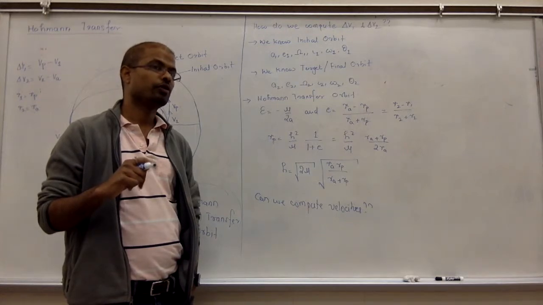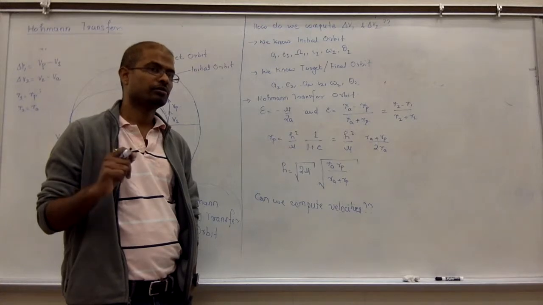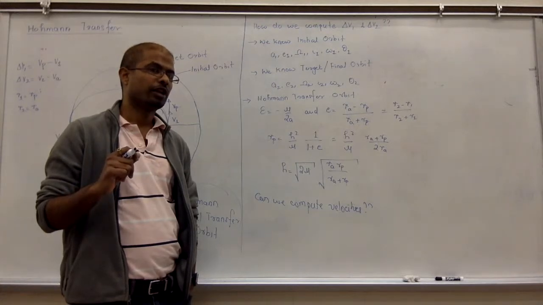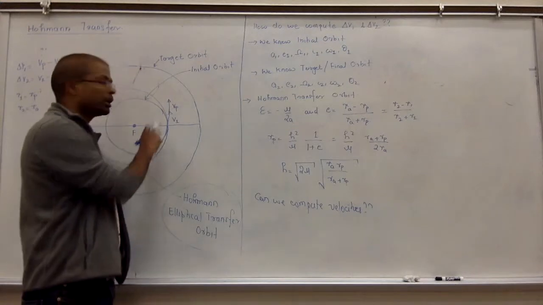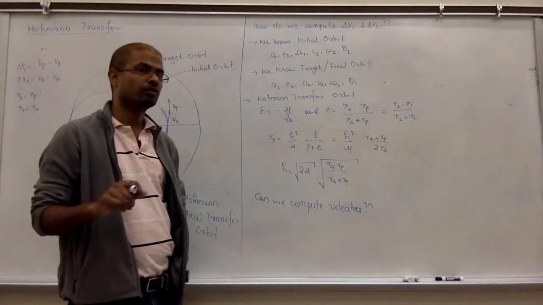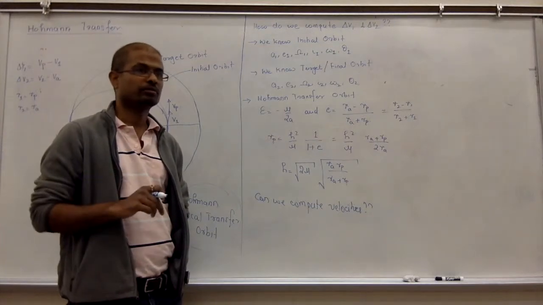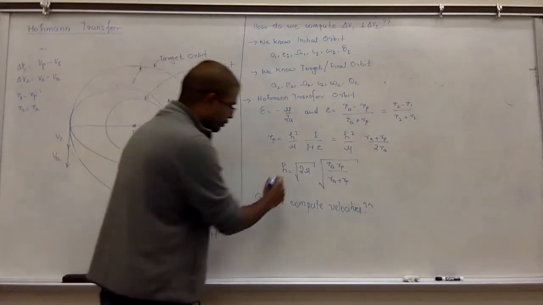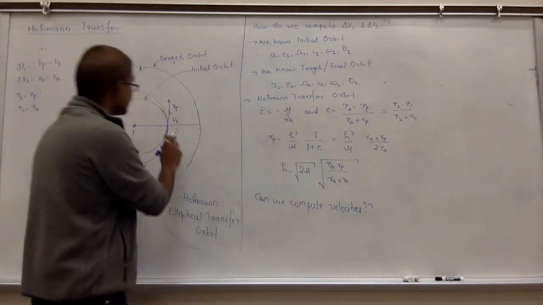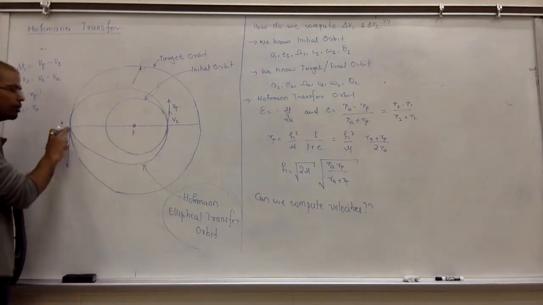So you do a sine; the angle between V and R at any point is always 90 degrees. So sine of 90 is 1, and you just end up with V times R. So H here is the same as H here, right? You agree? For the elliptical transfer orbit, H here is the same as H here.